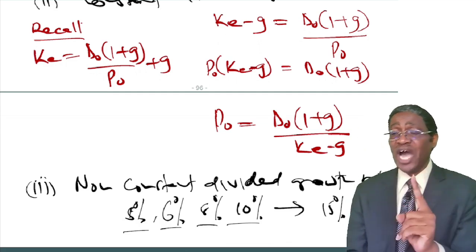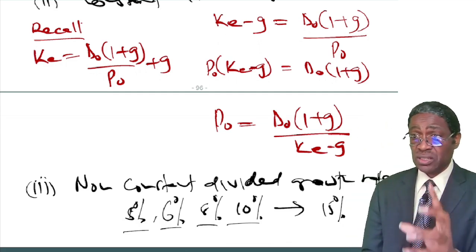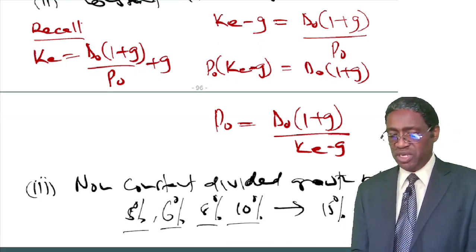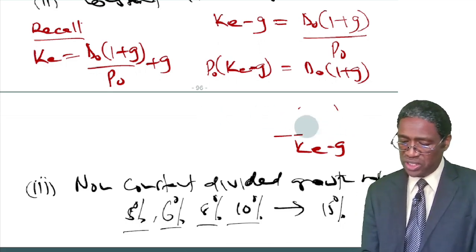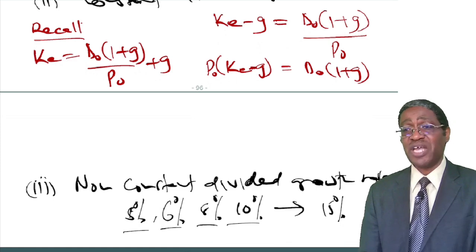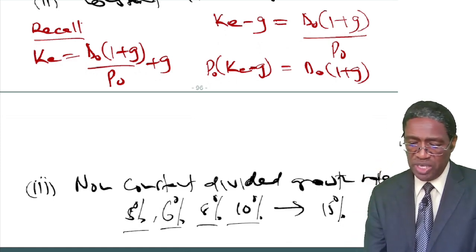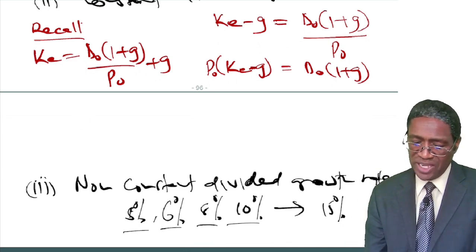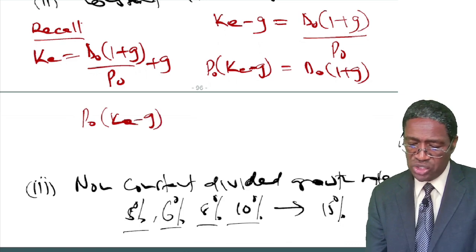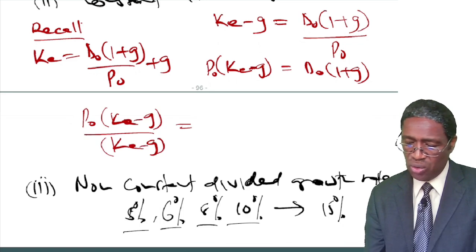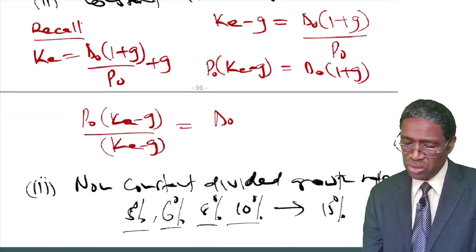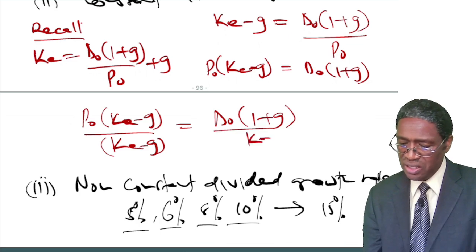I divide both sides, maybe I can put it here so that you see it clearly, by the factor KE minus G. So this will be P0 into KE minus G, divided by KE minus G, equals D0 into 1 plus G divided by KE minus G.